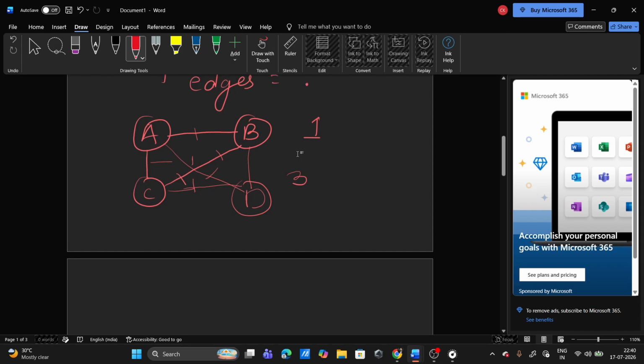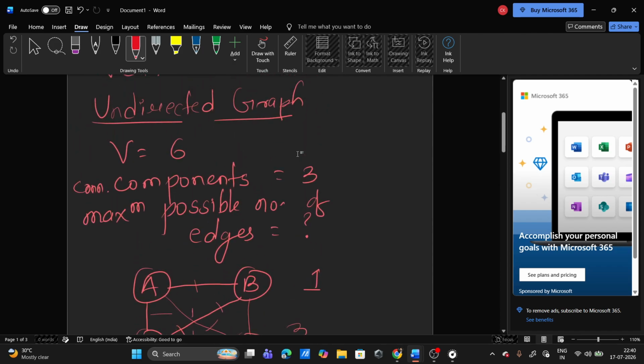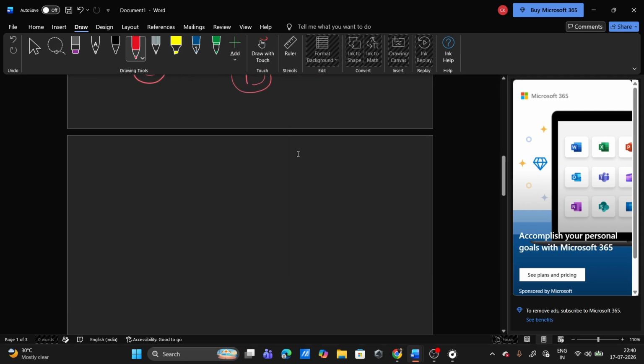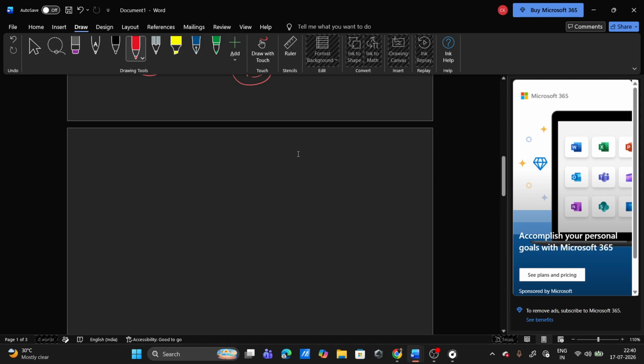So since we have six vertices, we need to distribute these six vertices such that we can get three components. So let me do the distribution. It starts lagging again. I don't know what is happening.